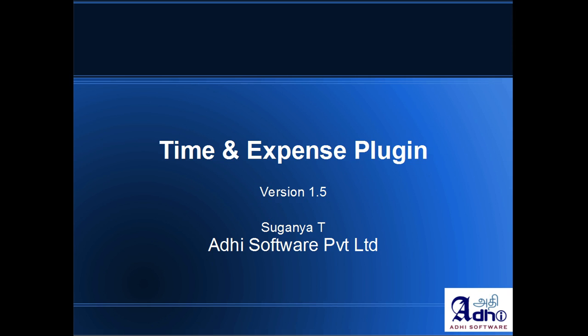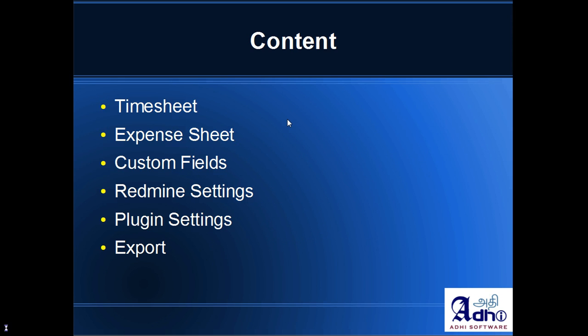So this is going to be the content of the presentation. We will be talking about timesheets, and then about expense sheets, and then how we can define custom fields for timesheets. Redmine already supports custom fields for spent time or time entry entities, which we are using.